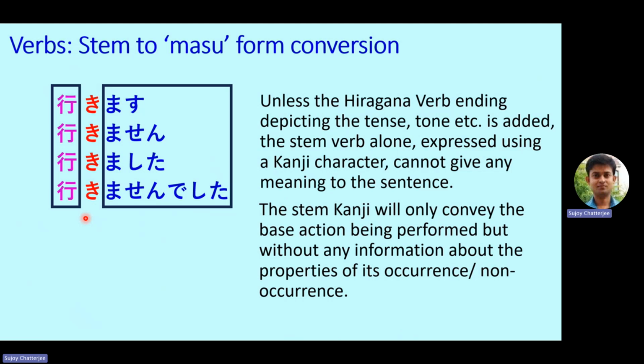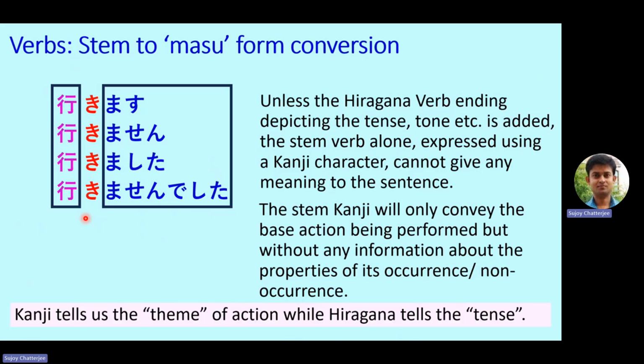The stem kanji will only convey the base action being performed, but without any information about the properties of its occurrence or non-occurrence. So again, the same thing that we just discussed. Together with the stem kanji and the hiragana verb ending, we can give meaning to a verb in Japanese. Kanji tells us the theme of action, while the hiragana ending tells us the tense. So both are important, both are mandatory.